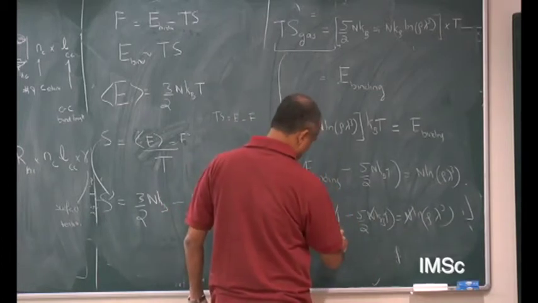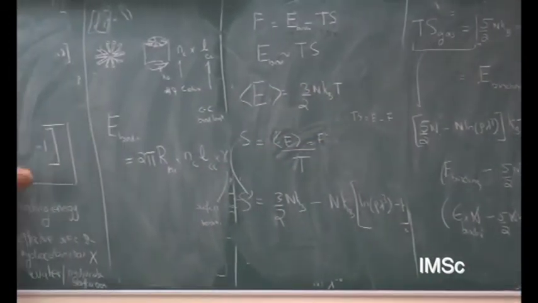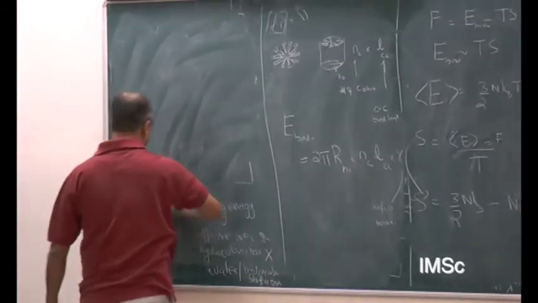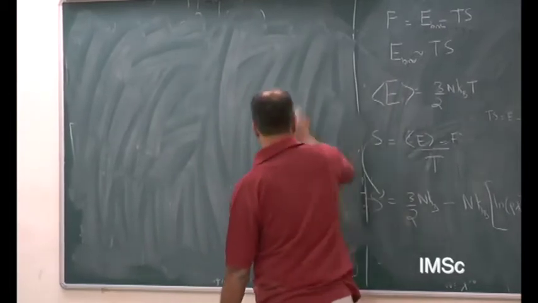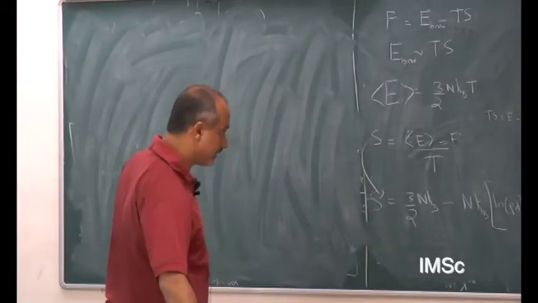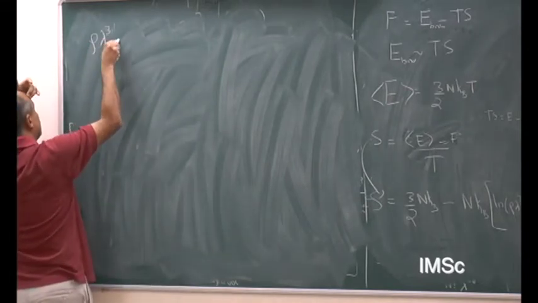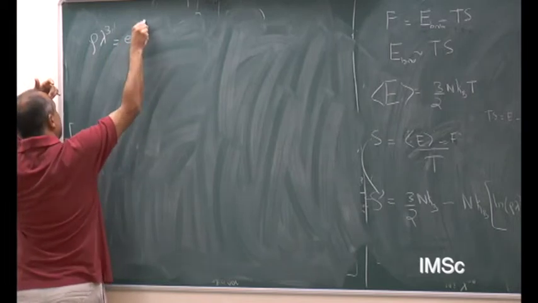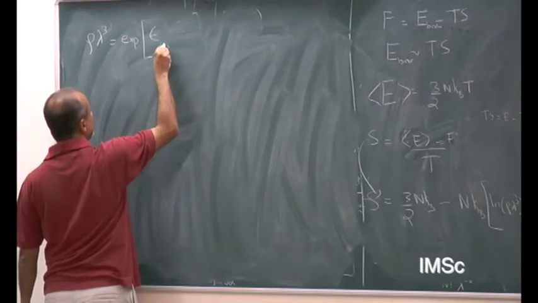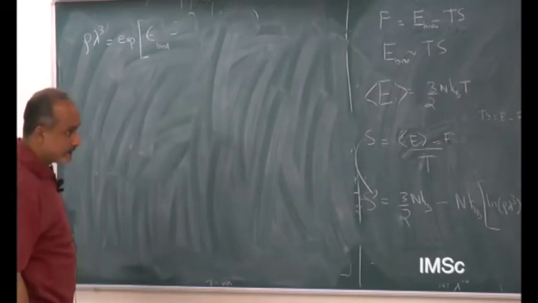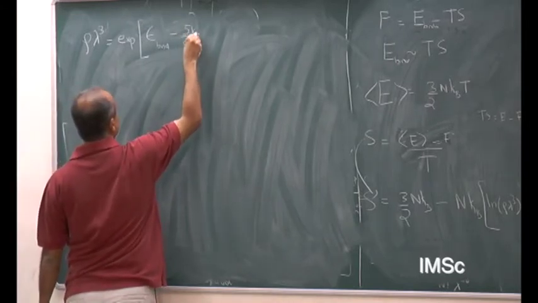So if I do that, what I will get is rho times lambda cubed is the exponential of epsilon binding minus 5 by 2 kBT.